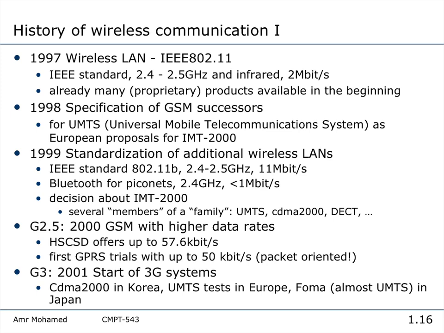So 2.4 was a free range that attracted many vendors and manufacturers to start promoting devices in that range. And it becomes now, of course, more and more crowded, and that's why we started to have many interference issues in that particular band.